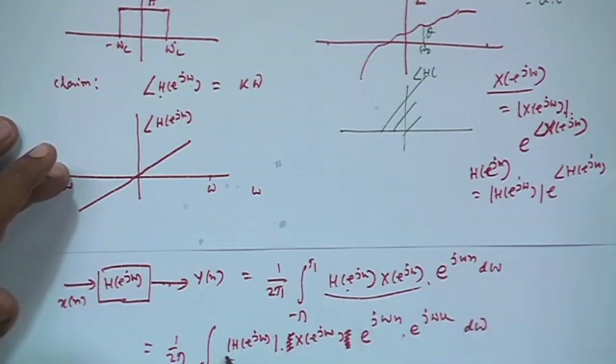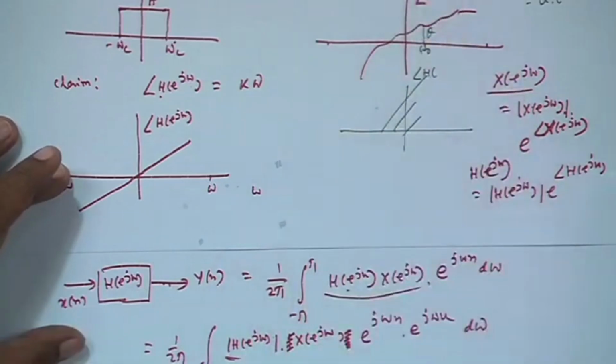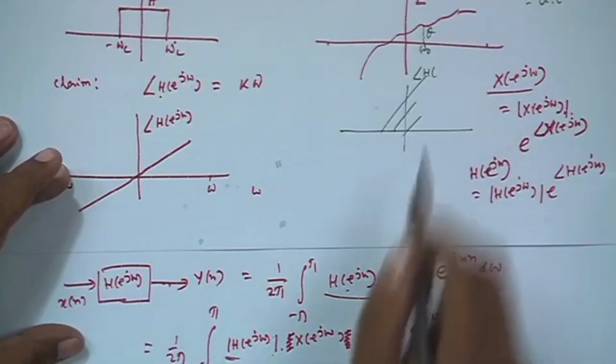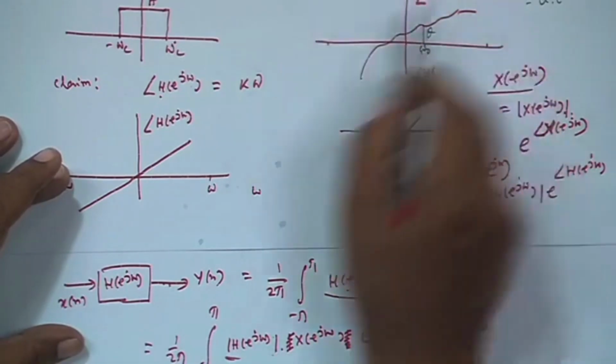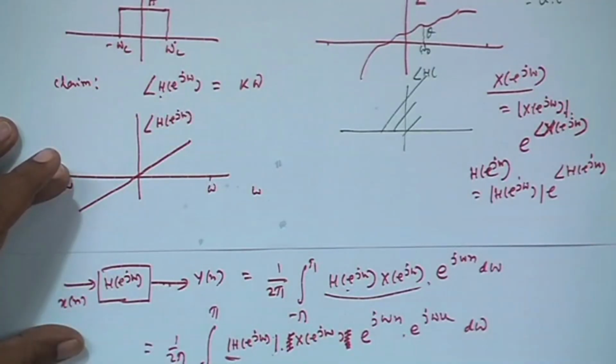Okay. And this is flat, and limit actually is from this band minus omega c to omega c, but you can still keep minus pi to pi, because outside that band this is also 0. Signal is band limited within this, outside 0, filter also designed like this, that outside this band is 0. So, integral still you can keep from minus pi to pi, okay, because it will not change anything.